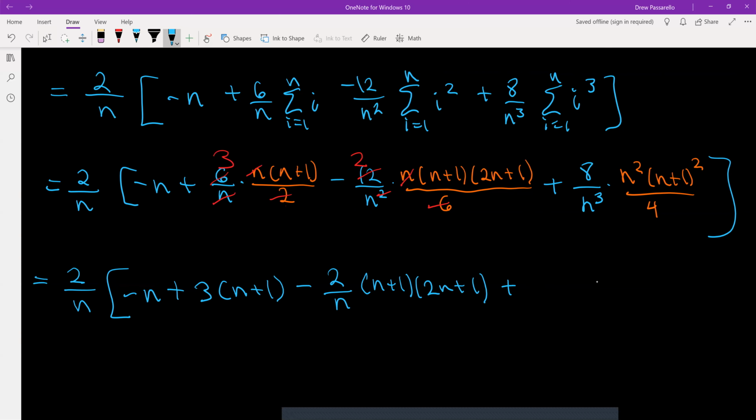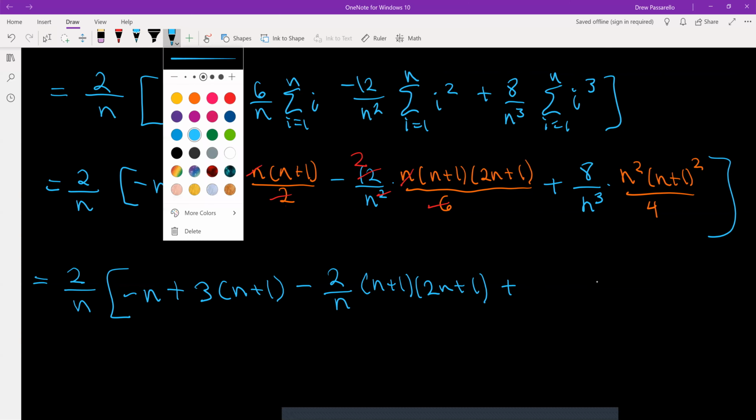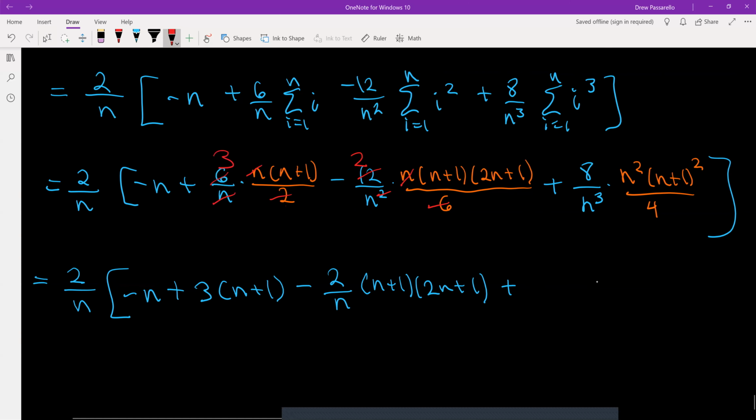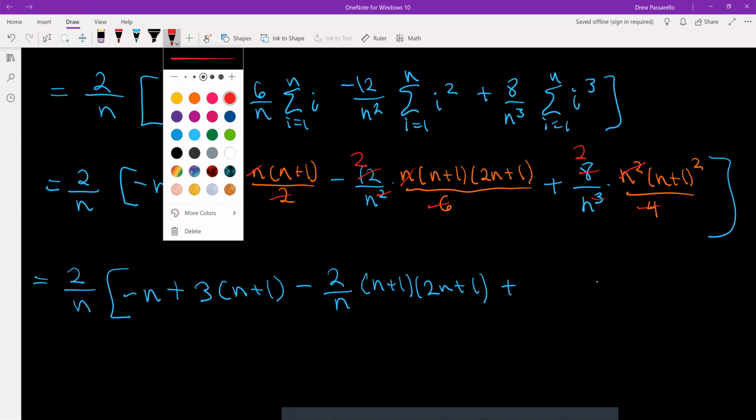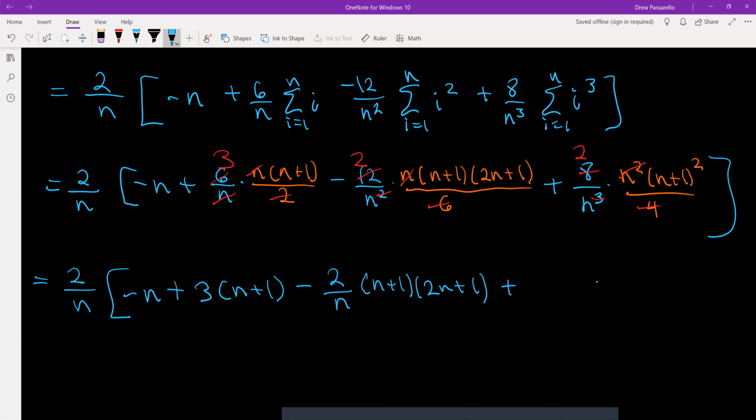All right, and then plus, and then for this, I can divide out n squared from n cubed to make that just n. And then 8 divided by 4 is 2. That gives me 2 over n, and then n plus 1 squared.